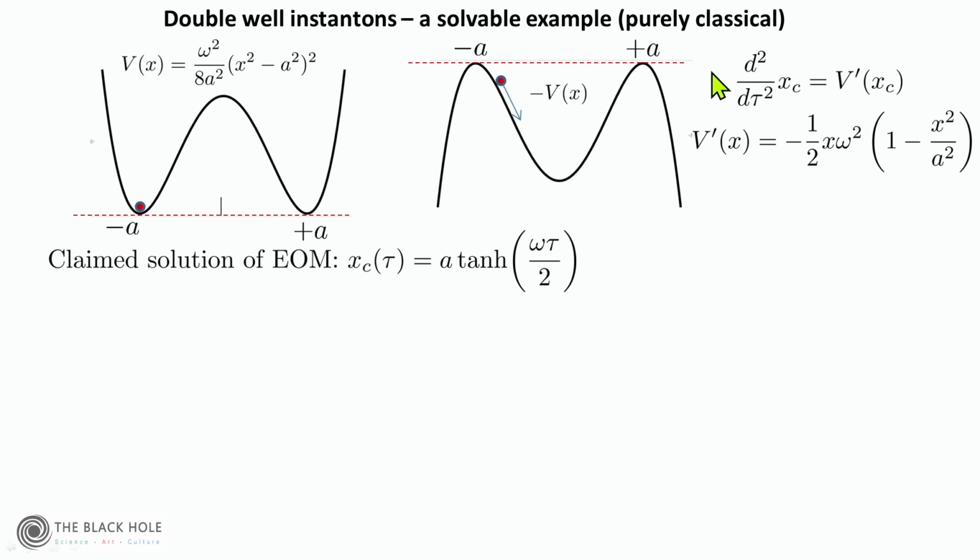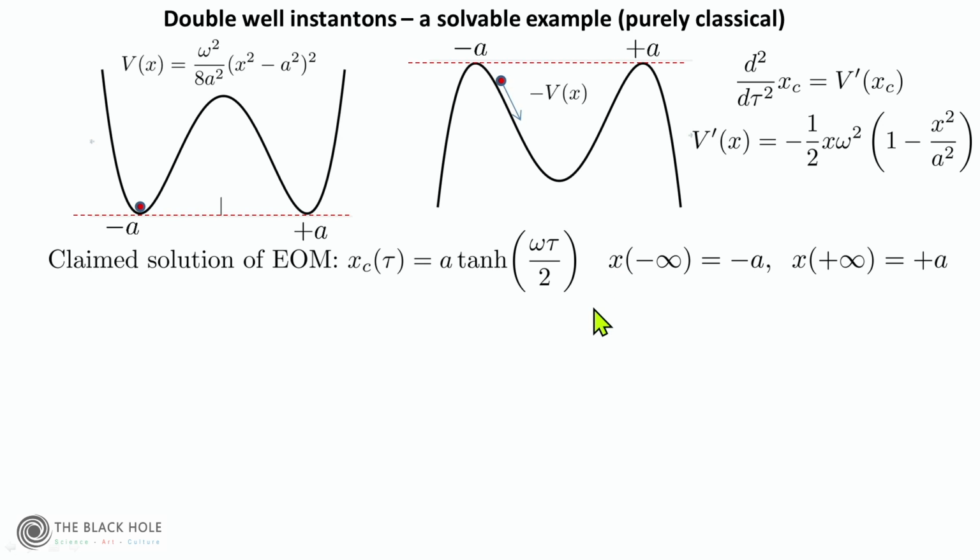The solution of this equation, Newton's law, is this. This is what is called an instanton. We have an explicit solution for it. xc, x classical. So this is the solution of the classical equation of motion, in other words, Newton's law, and it's a tanh omega t over 2.